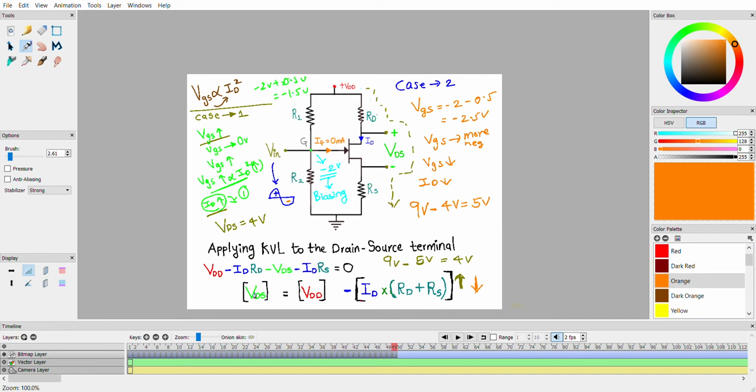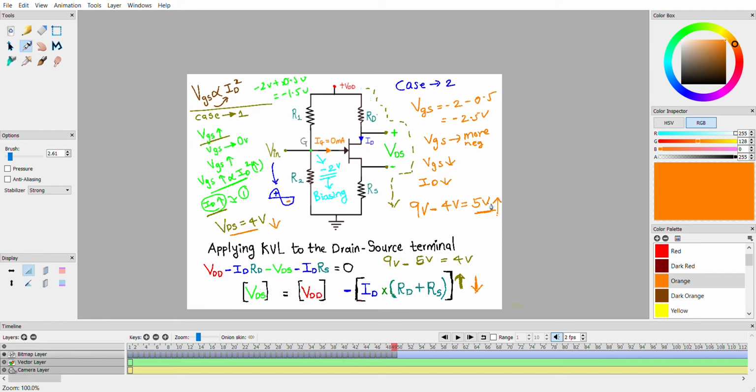So as you can see, when the VGS, or basically the input voltage, decreases, our output voltage increases. Similarly in case 1, when our VGS, that means our input voltage, was increasing, the output voltage was decreasing, and here the output voltage is increasing.